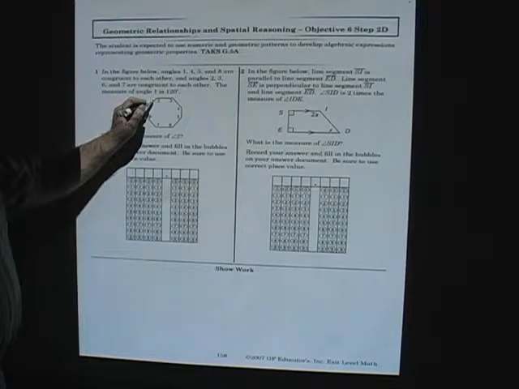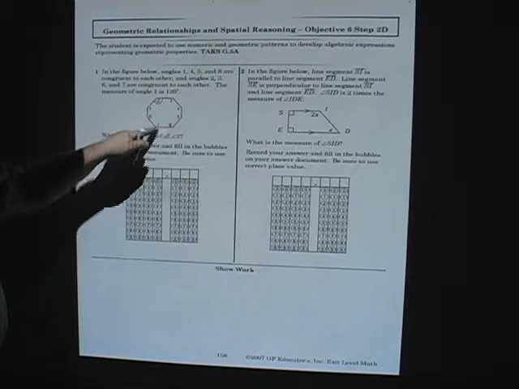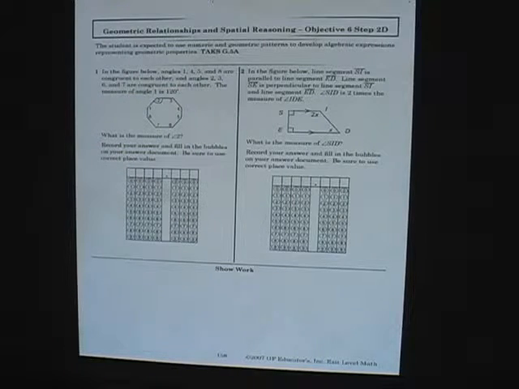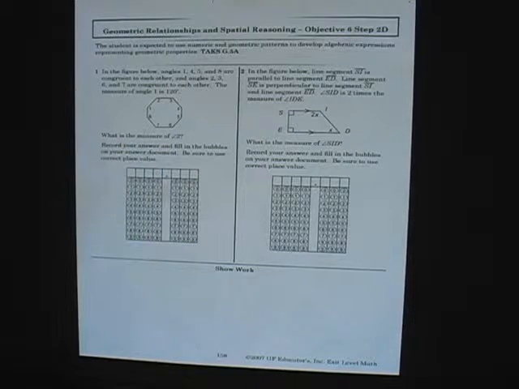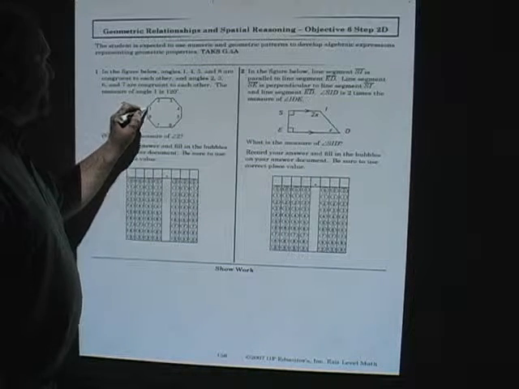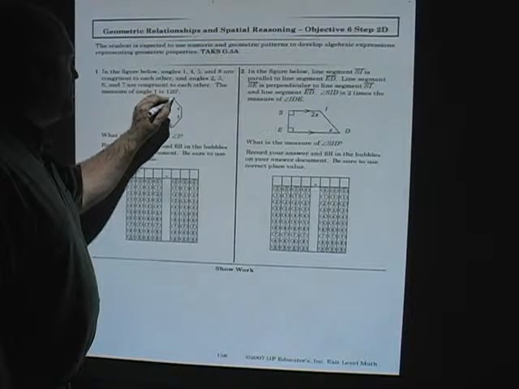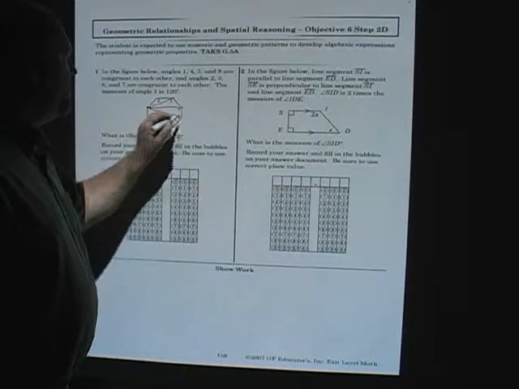We need to find angle 2. And we know 2, 3, 6, and 7 are all congruent. They tell us right here. What we need to know is how many degrees are in this entire figure. So we can draw our triangles. I'm going to start here at angle 1, go up here, go to every vertex.